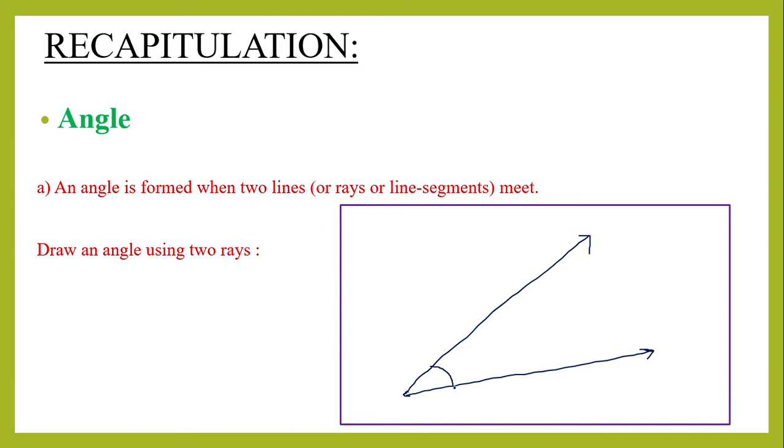Mark it as an angle, and also give the name to this angle: A, O and B. That way we can represent an angle, and we can also write angle AOB. So this is a representation of an angle.